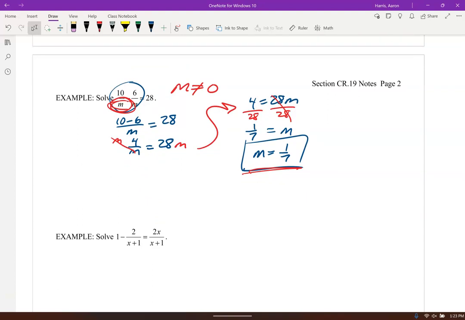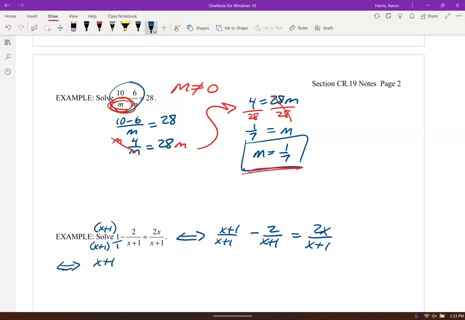Okay, this one again, we don't have a common denominator. So let's go ahead and get that. Right now this is 1 over 1. It needs an x plus 1. So I've got (x plus 1) times 1. And notice on the left-hand side, now that's a common denominator.